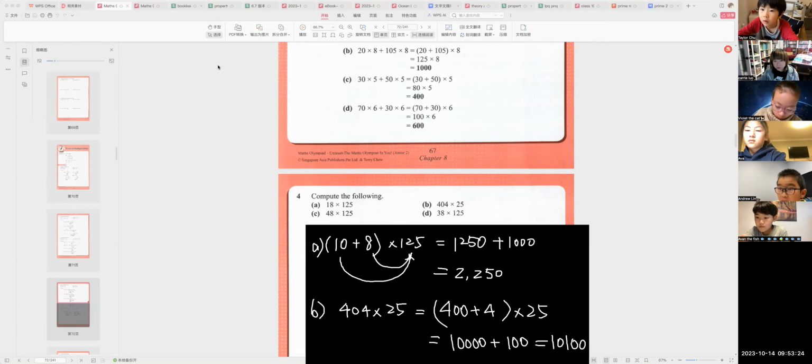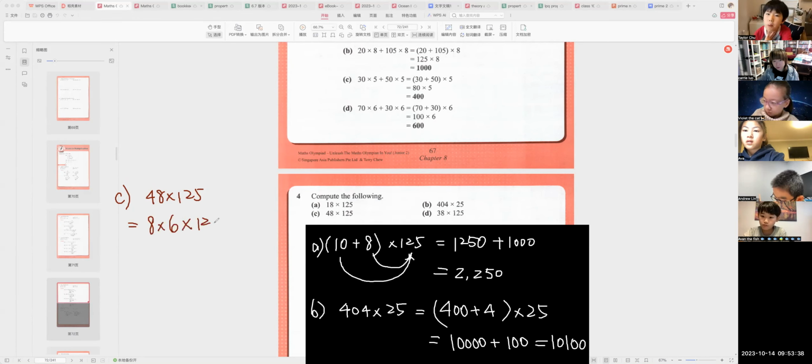Correct? Okay, so it doesn't matter, it must be plus. Let's take a look at number C. Number C, 48, we can still do what? We can do times. It's 8 times 6 times 125, right? So 8 times 125 equals 1,000. So times 6 equals 6,000.